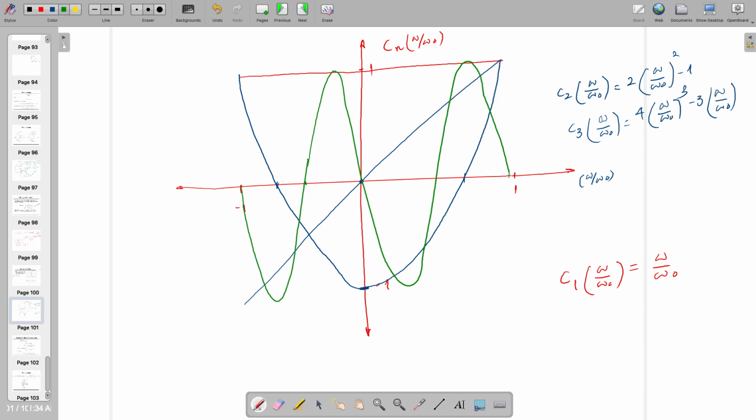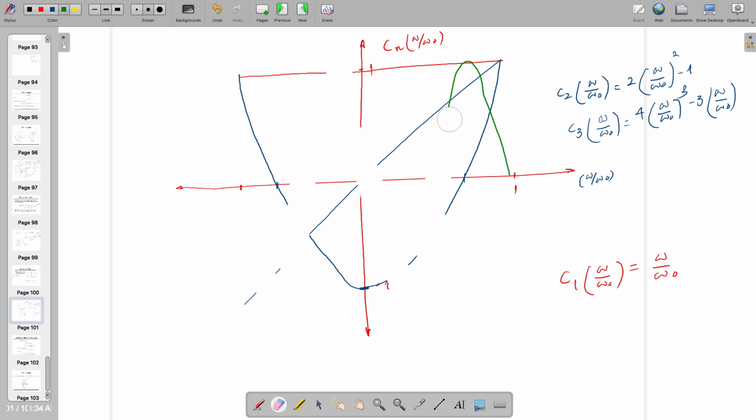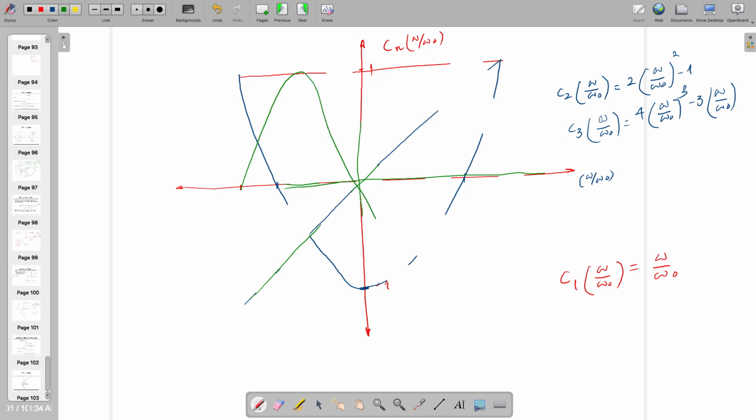Is it correct or wrong? Wrong, right? No, this is not going to give you this. Yeah, it has to be like this. Root 3 by 2. So it will go this way, looking like a sine wave and going like this.